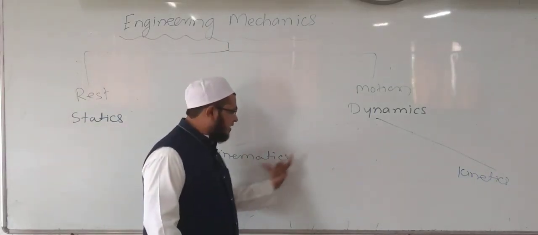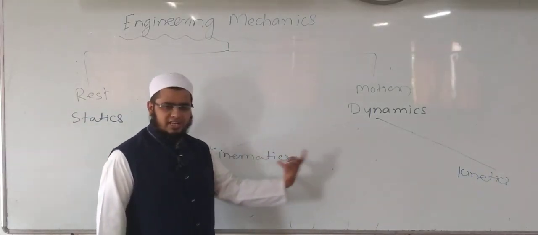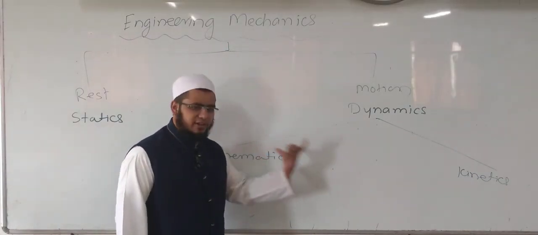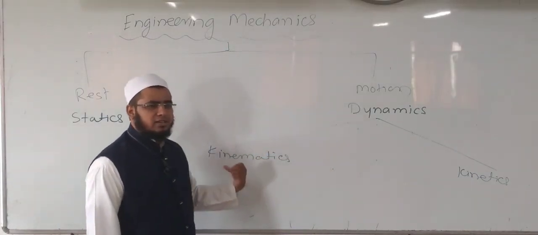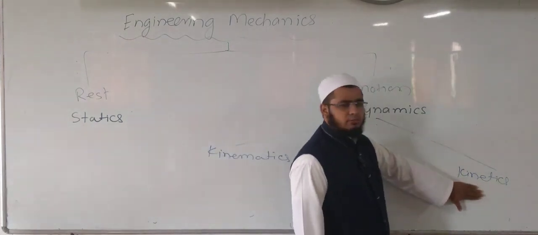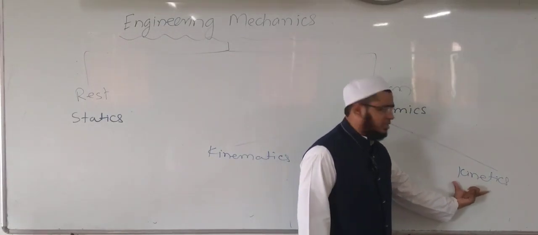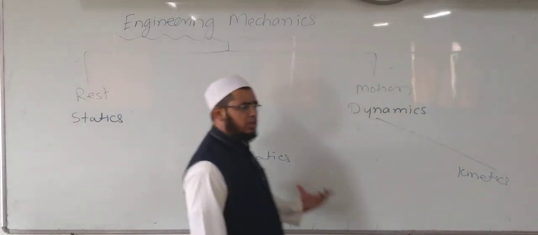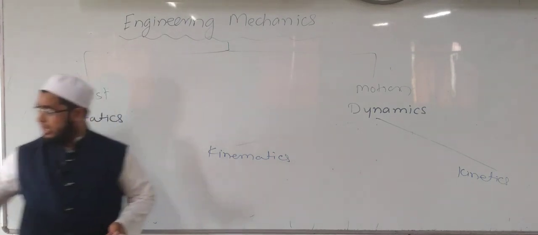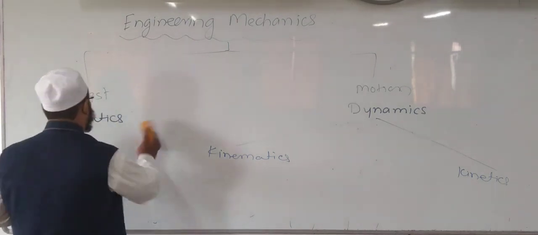Means the basic difference in these two branches is, in both we will analyze the effect of force, but in one we will consider the force causing the motion, that is called kinetics, and in one branch we will not consider force causing the motion. That comes under the category of kinematics.